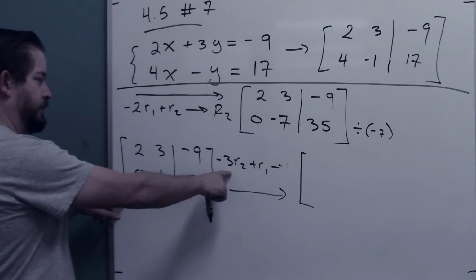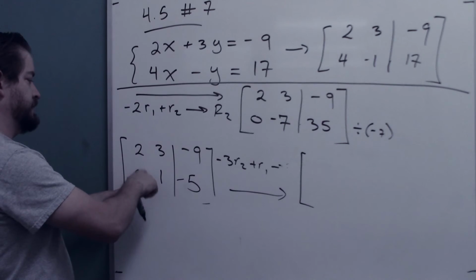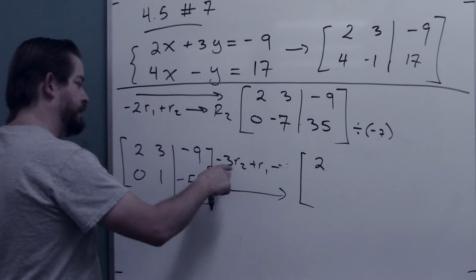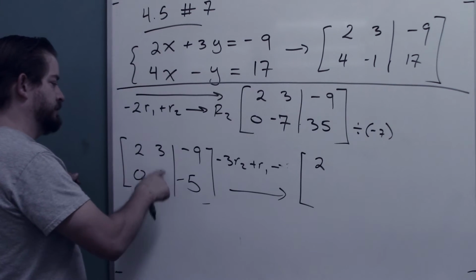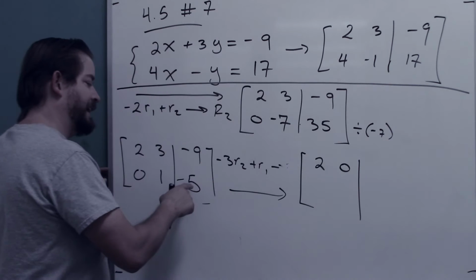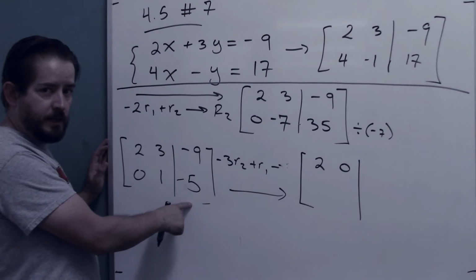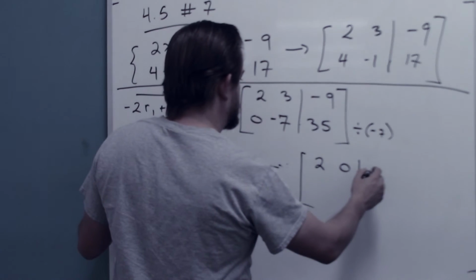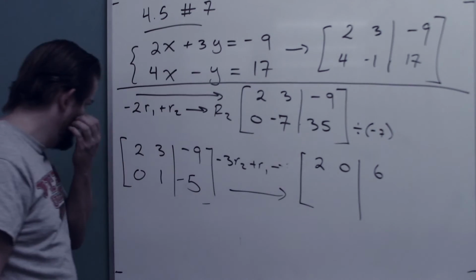And so at negative 3 row 2s, negative 3 times 0 is 0, plus 2 is 2. Negative 3 times 1 is negative 3, plus 3 is 0. Negative 3 times negative 5 is a positive 15, minus 9 is a 6. Right?